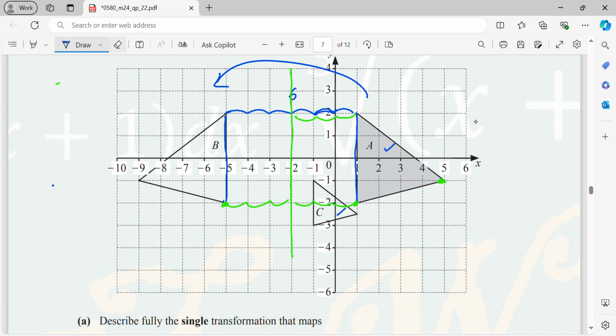Okay, so now here, I will just erase all this first. Since we have decided that this is the enlargement, to find the enlargement center, you need to join the corresponding points, right? And draw the straight lines that join the corresponding points, and then the intersection of the straight lines will be the center of the enlargement.